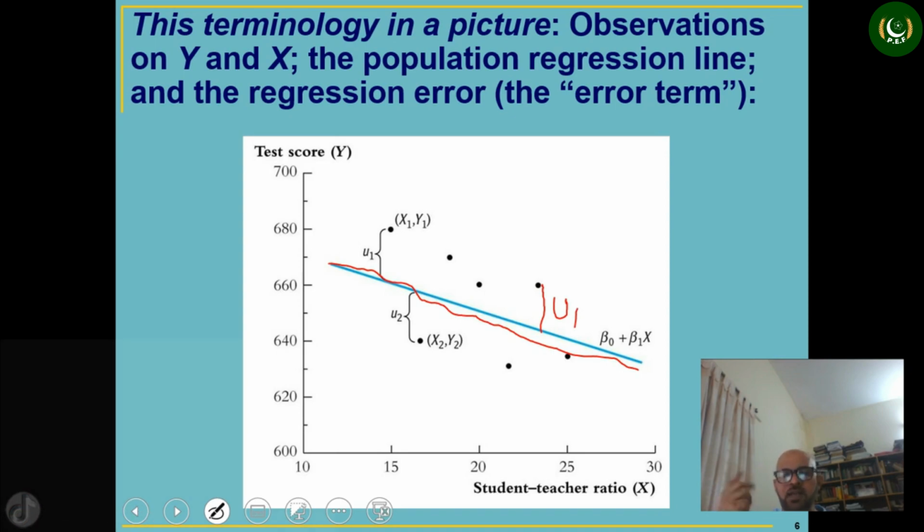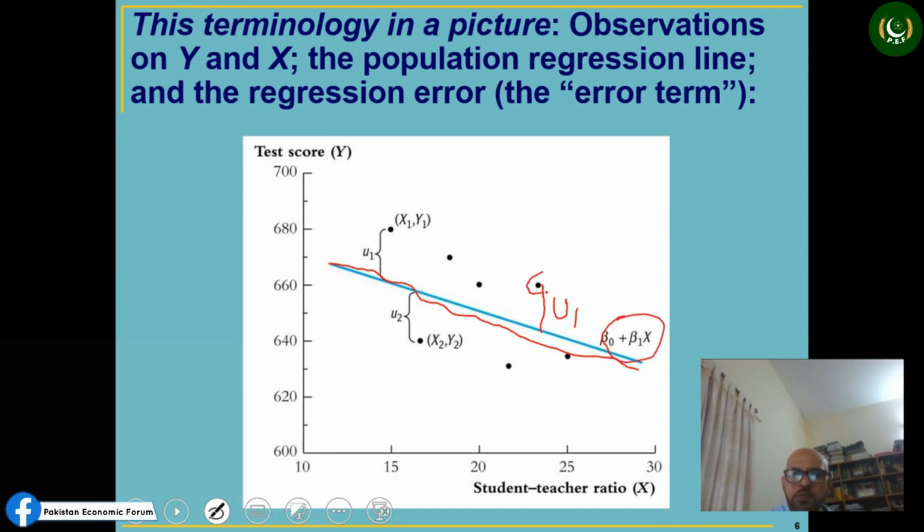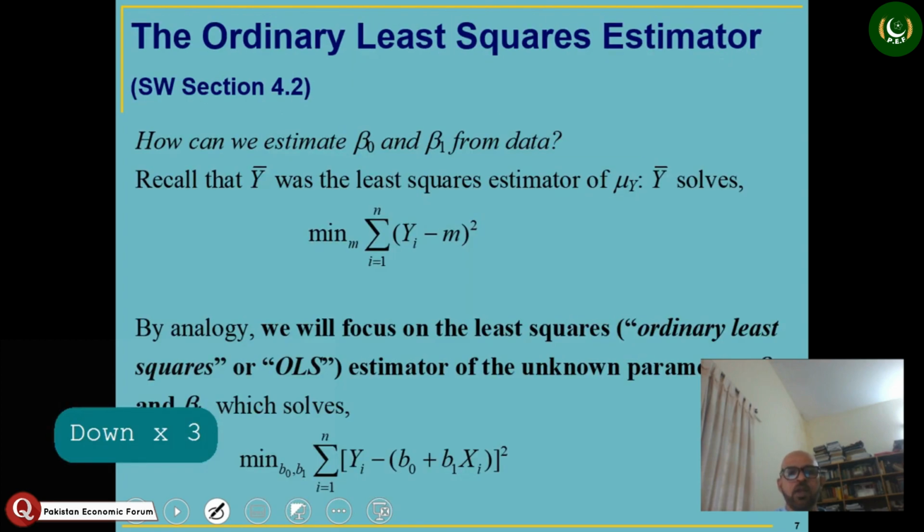Errors are some hypothetical thing, we'll discuss it. So the difference between the average value you have guessed and the observed value: this is your Y hat, this is your Y. The difference between these two is called error.